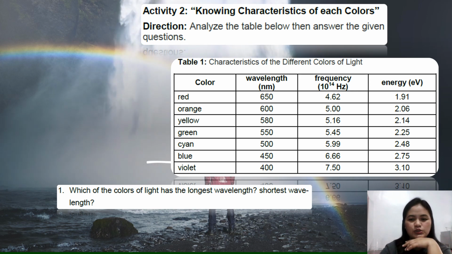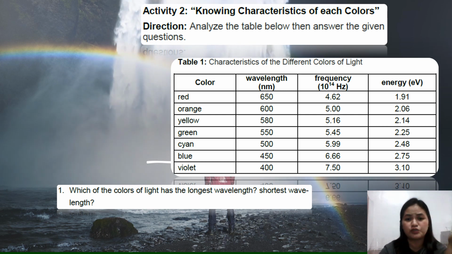Number 1 question. Which of the colors of light has the longest wavelength? O, kanina ko pa yung sinasabi, di ba? You can even refer, of course, you refer to this table. O, alin dyan yung longest wavelength? Siyempre, yung pinakamataas na nanometer.